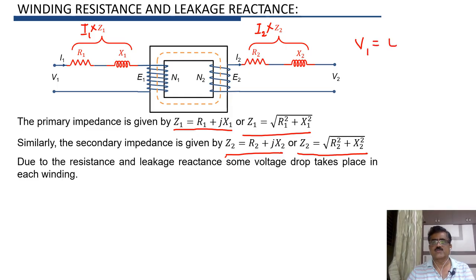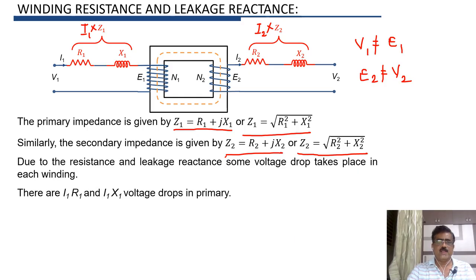In ideal transformer, we assume that V1 is equal to E1, but in practical transformer, V1 is not equal to E1. Similarly, in ideal transformer we assume that E2 is equal to V2. But again, because of voltage drop I2 Z2, E2 cannot be equal to V2.